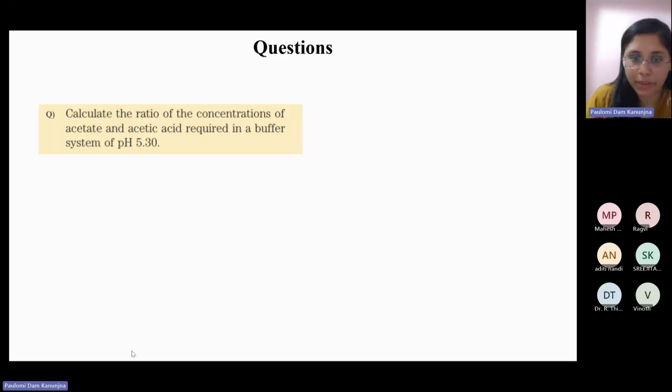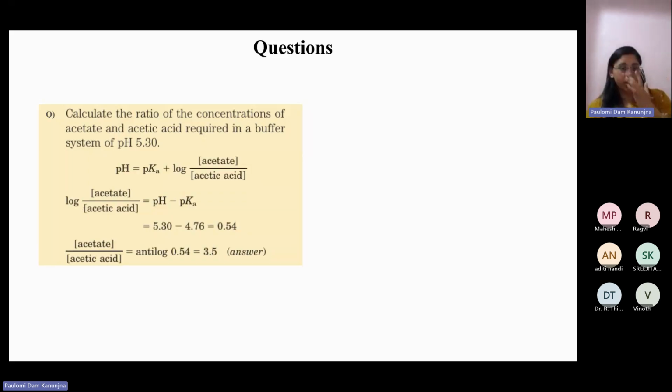I see people have answered the question, and this is what it is. I saw someone also writing 0.54 by 0.1. So let's see if you have your doubt clear here.